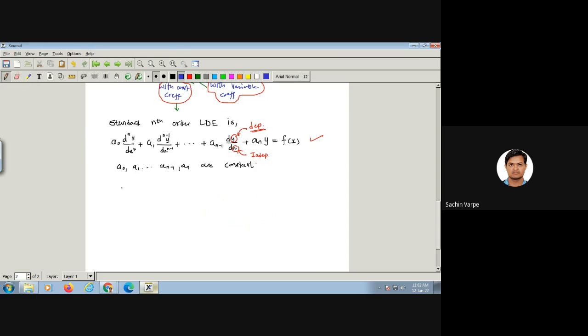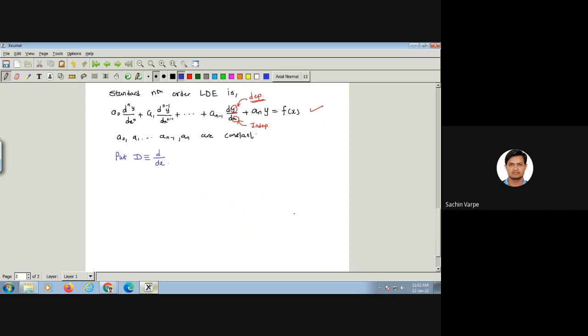So the first step towards the solution is to put capital D operator, which is the derivative with respect to the independent variable, in the equation given.